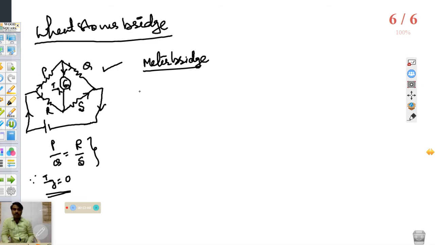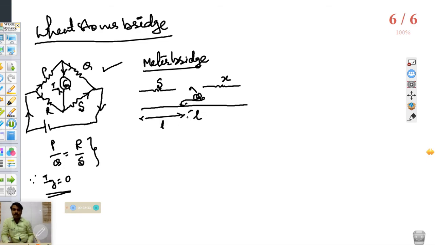In the meter bridge also we have one resistance over here, which is connected to the meter bridge, and one more resistance here which is to be varied. That is, the X value has to be connected and the S value is there, and a 1 meter length wire will be there, and a galvanometer is connected in between. Here from this point to this point it is L, and the remaining is 100 minus L, because the total length is 100 centimeter.